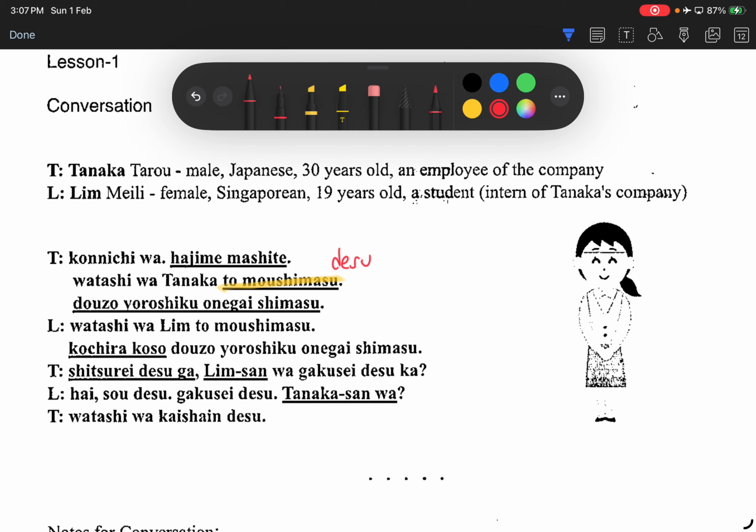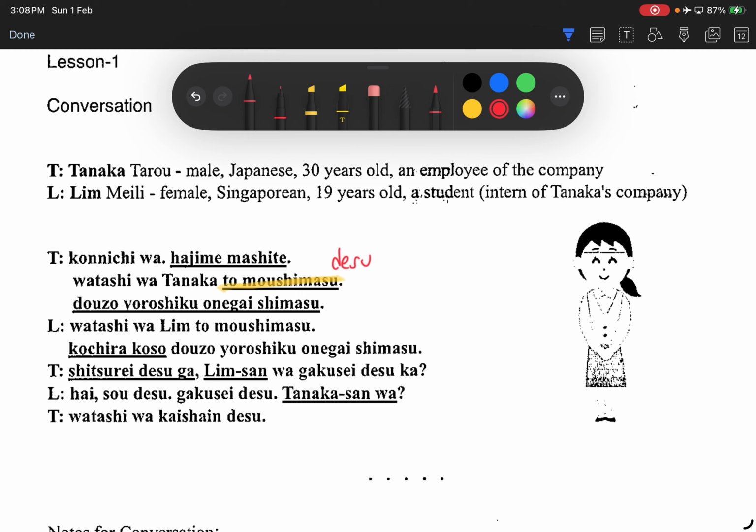Okay. Next line. どうぞよろしくお願いします. Right? So this どうぞ is just 请. Right? Please. Right? よろしく means please be nice. It's like telling people, like, please be nice to me. Okay? Like your kindness. So it's talking about your kindness. お願いします basically is also another please. So it's like two please in one sentence.